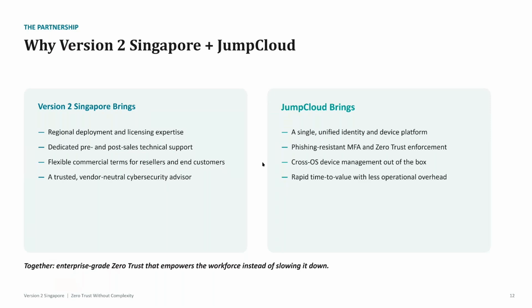Well, JumpCloud is a single unified identity platform and has been in the market for quite some time, and provides a very good reputable IDP and an all-in-one platform to manage your devices and identities. And we support cross-platform device management out of the box and rapid time to value, because as you can see, the console is quite simple.